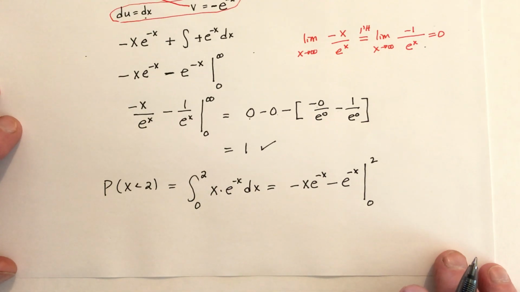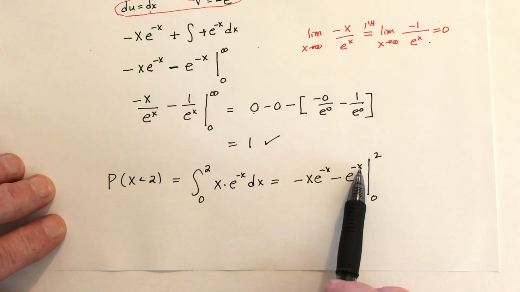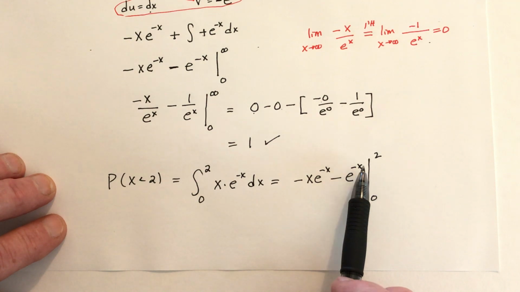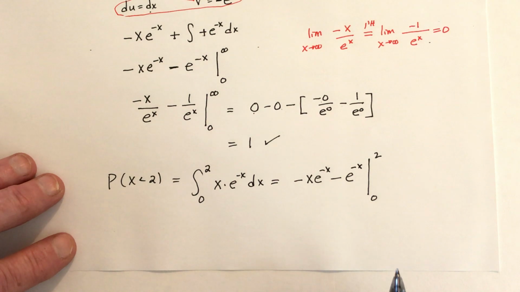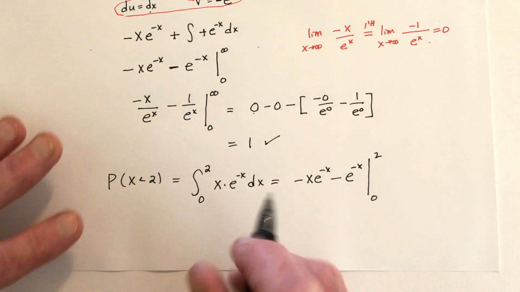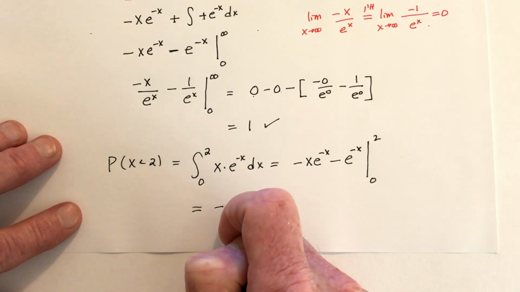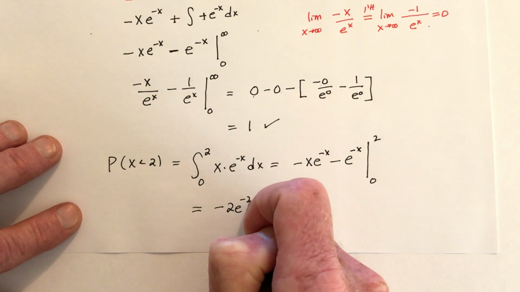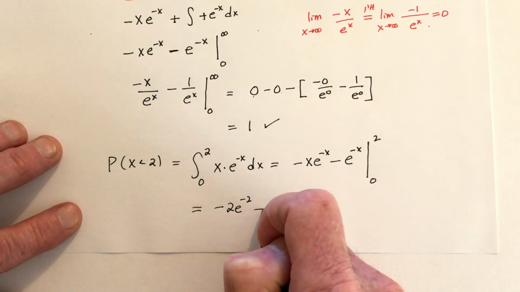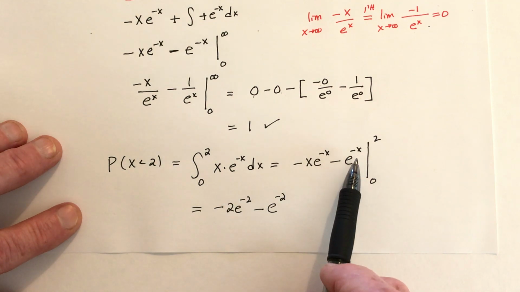And then how much is that? So because I'm going to have e to a number, like a negative 2, I'm going to end up using the calculator. So for this, I'm just going to leave the negative exponent. So that's going to be, substitute the 2, so there's negative 2, e to the negative 2, and then minus e to the, substitute the 2 on that one.